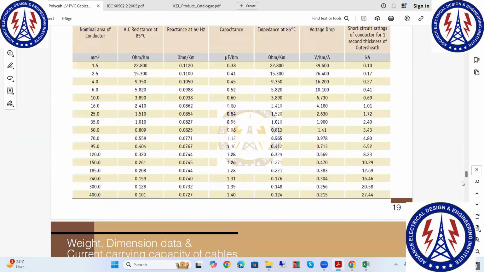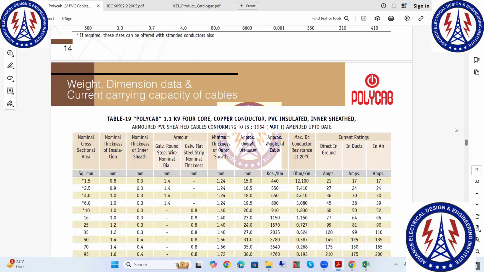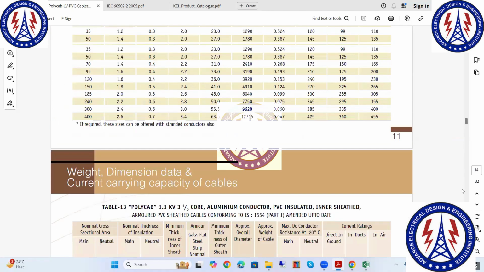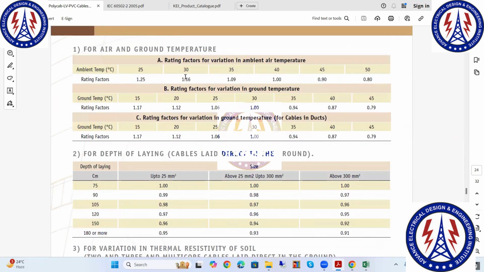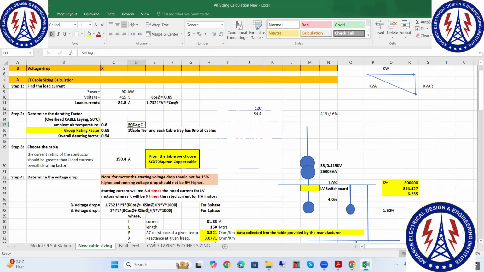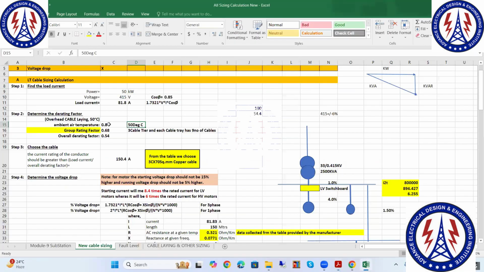This factor will be applicable only in case of overhead cable; the rest are for underground. Suppose your atmospheric temperature is 50 degrees centigrade, the factor is 0.8. So I will write 0.8 here.